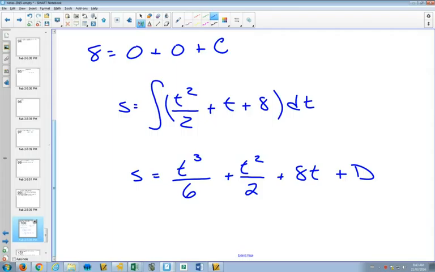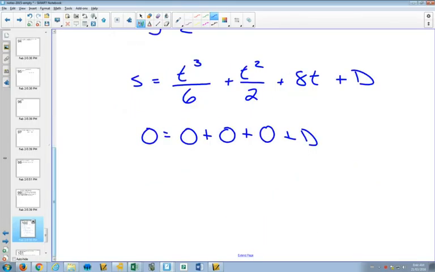Again, we're told that the initial displacement was 0, so when t is 0, s is 0. Most likely this would be on the calculator section, so you could type that in. Luckily, I did it beforehand. We get d is equal to 0.